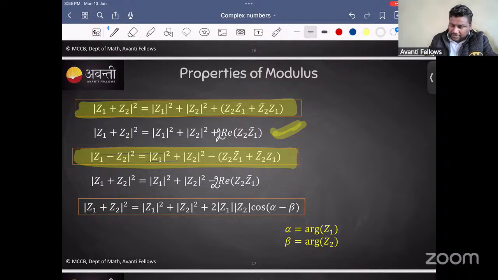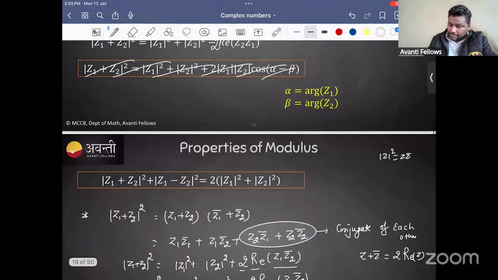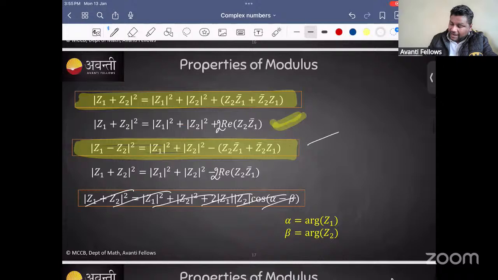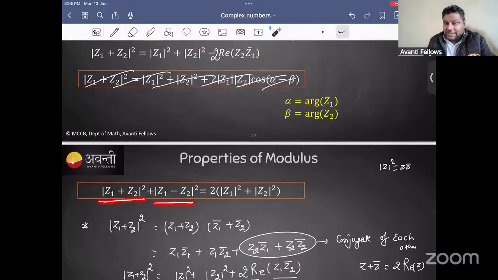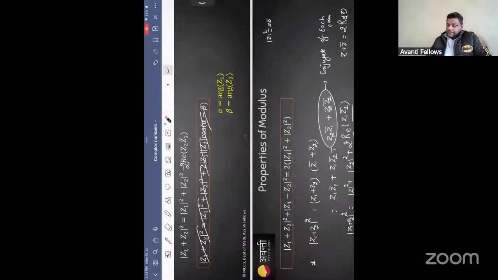This is not really important and not easy to remember, so leave this one. Finally, if I add both of them, what do I get? Z1 plus z2 magnitude square plus z1 minus z2 magnitude square is twice of mod z1 square plus mod z2 square. Very, very important property. Have a look.